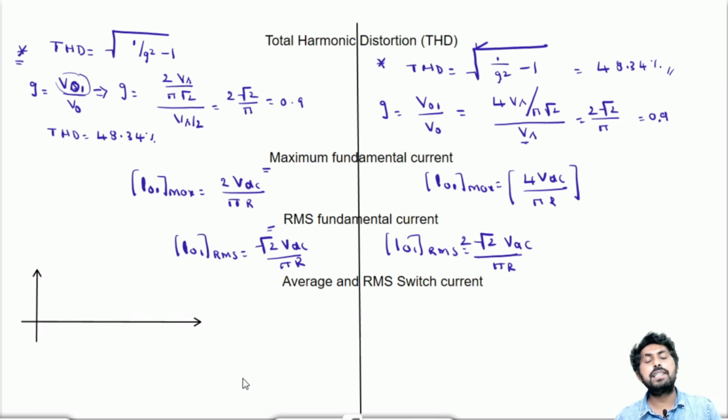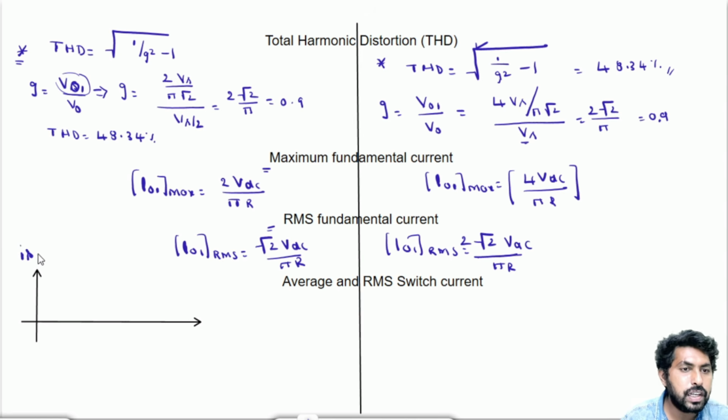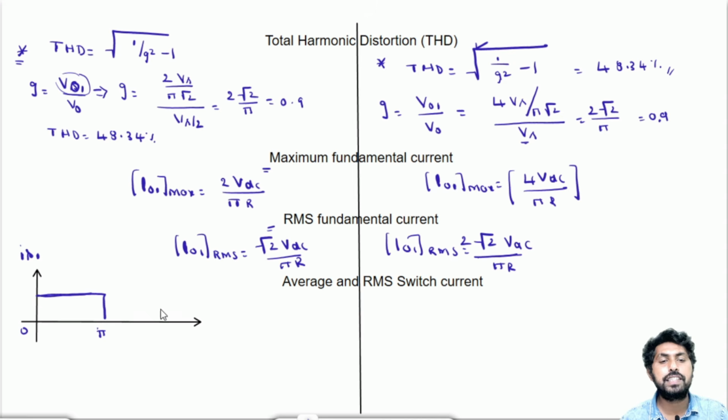In both the cases, here switch S1, if I draw the IS1, how it will be? So IS1 flows from here to here, 0 to pi. Again it will start at 2 pi.